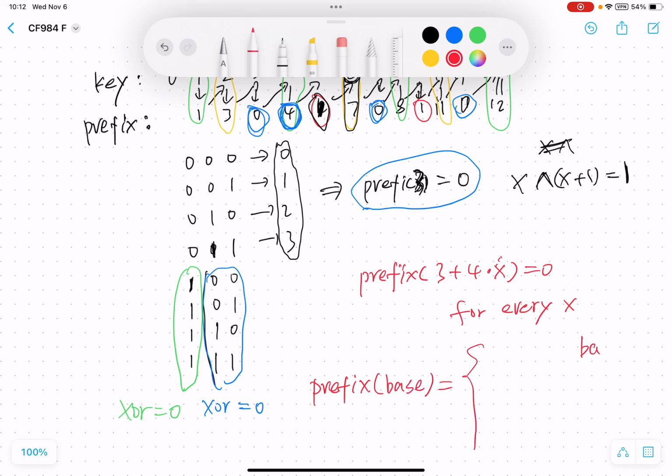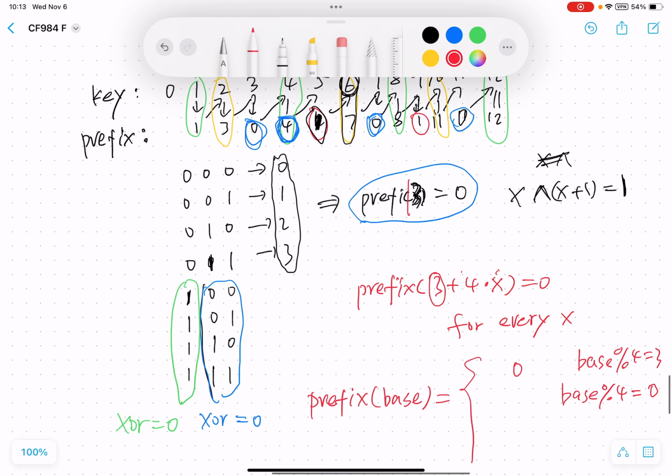If base modulo 4 equals 3, the answer will be 0. If base modulo 4 equals 0, it will be x.